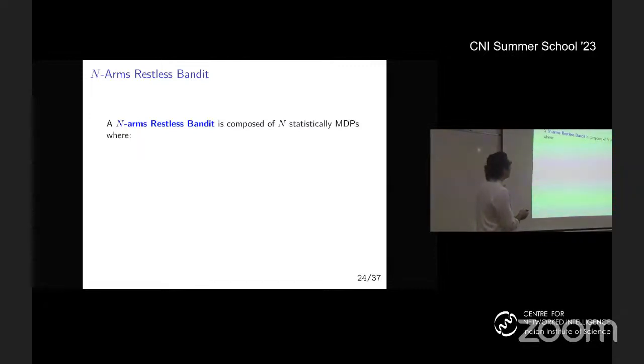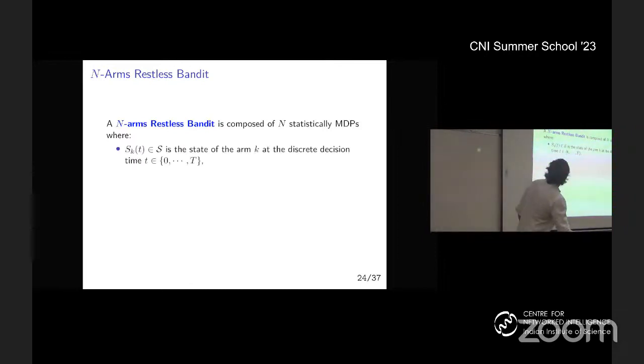Basically, you have N statistically equivalent MDPs. So every arm has the same MDP with the same transition probability. Why do we do that? Actually, we don't need to, but to do the math we need this kind of symmetry.